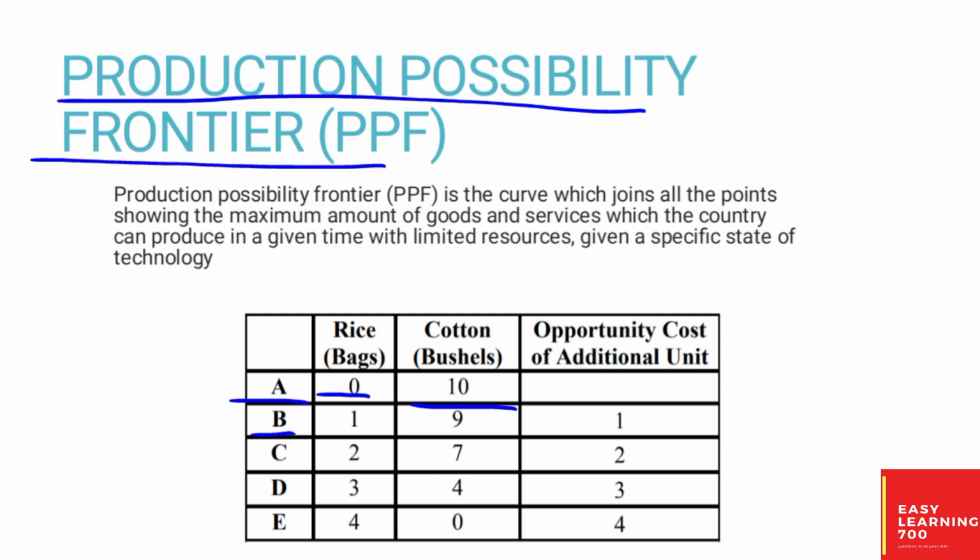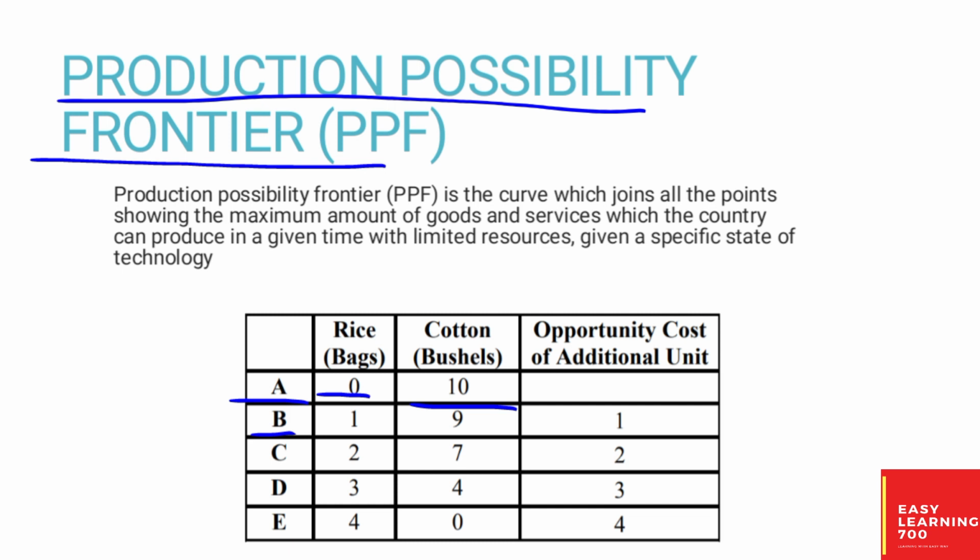And in C, there are 2 units of rice bags and 7 units of cotton bushels. So the opportunity cost here is 2. And in D, there are 3 units of rice bags and 4 units of cotton bushels. So the opportunity cost of the additional unit is 3.